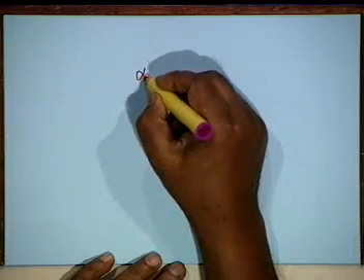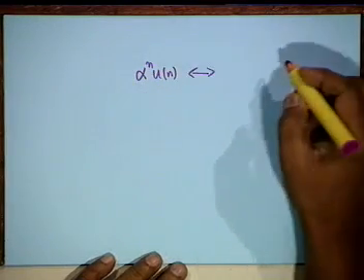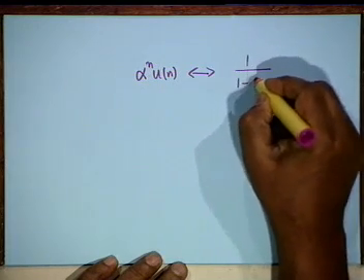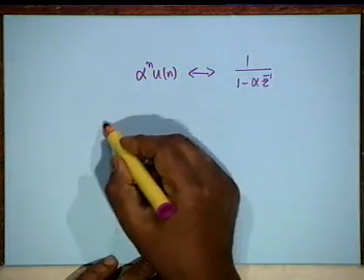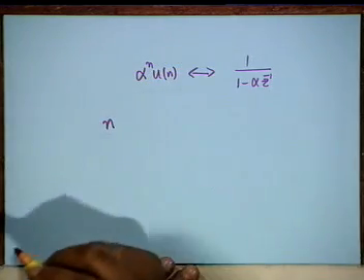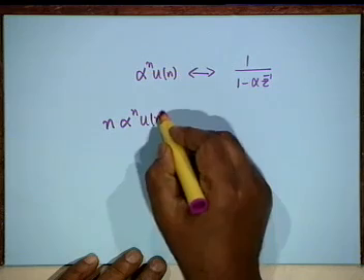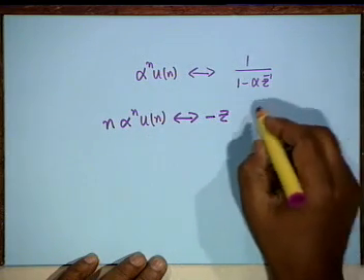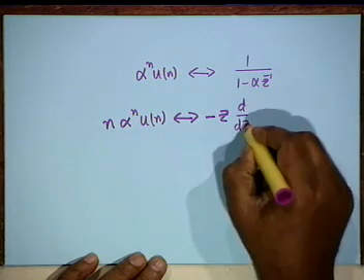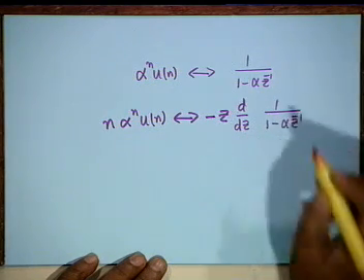The general formula is that the transform of alpha to the n u(n) is 1 by 1 minus alpha z inverse. If I multiply this by n, the Z transform of n alpha to the n u(n) will be minus z d/dz of 1 by 1 minus alpha z inverse.